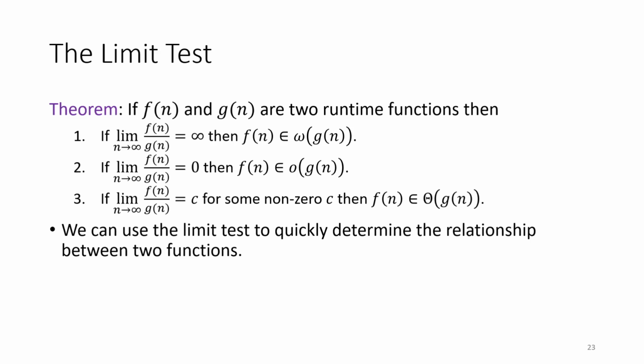But we want to say that these two functions grow at the same rate. They don't grow at exactly the same rate. In fact, 2n grows twice as fast as n. That's what this limit of 2 means.